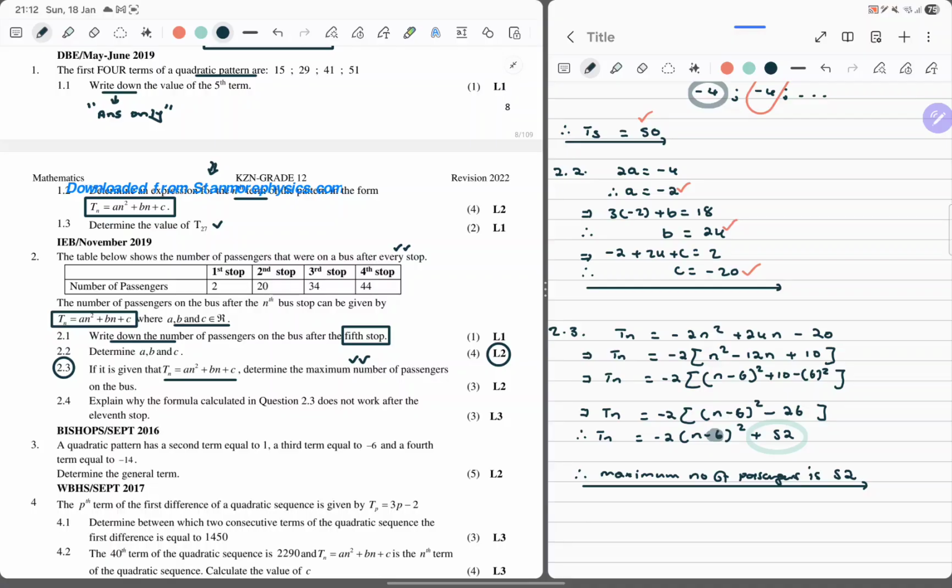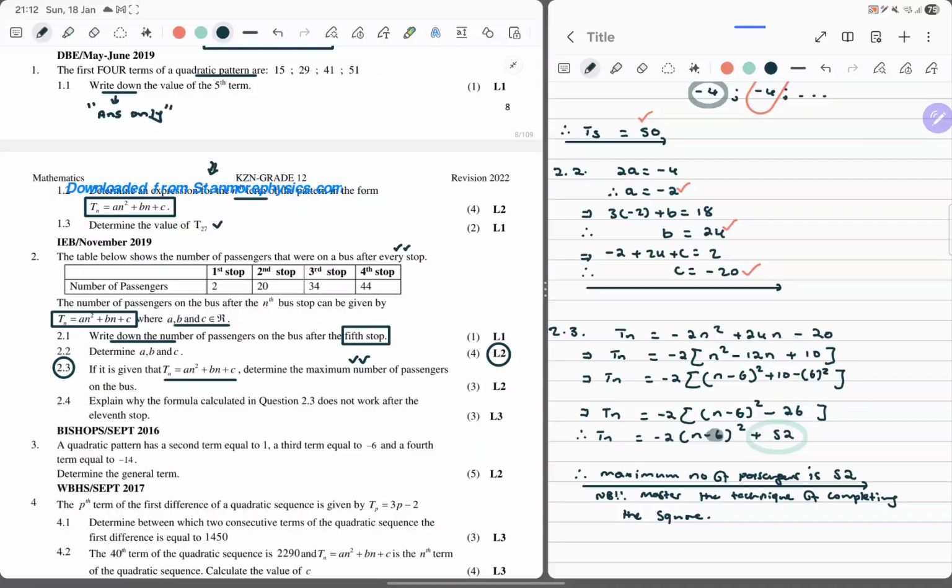So I would say to you guys, please master the technique of completing the square. It will take you far.